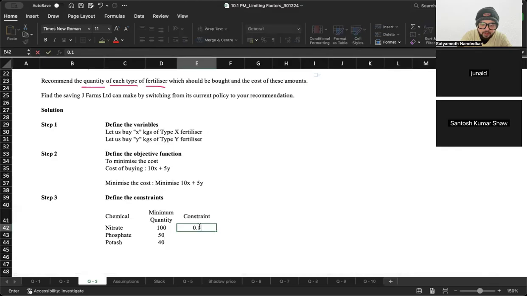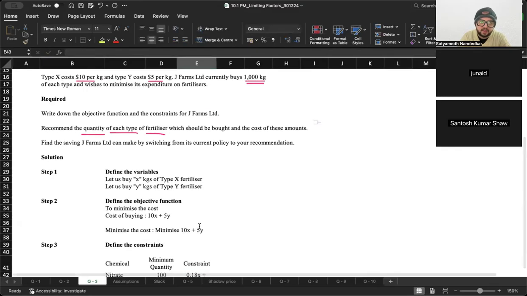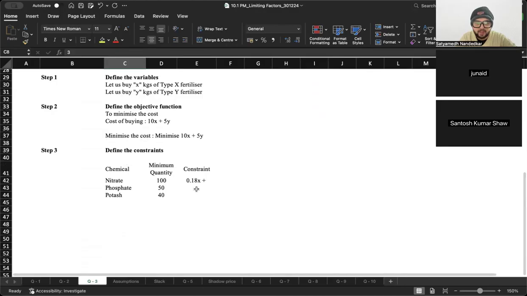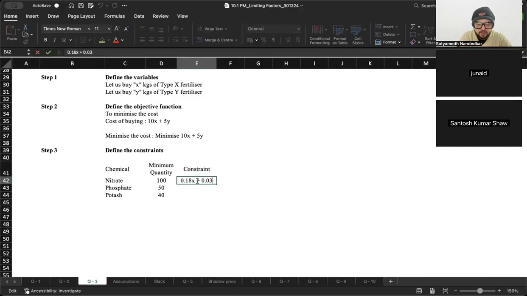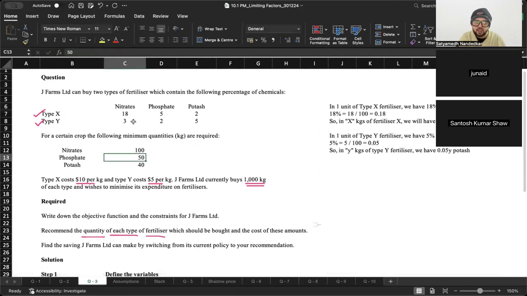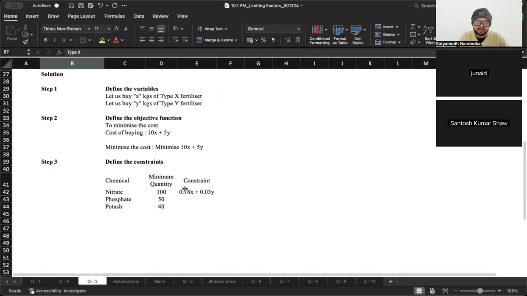So 0.18x plus टाइप Y का फर्टिलाइजर जो है उसमें there is 3% नाइट्रेट, that is 0.03y. ये हो जाएगा 0.03y. देन फॉस्फेट यू नीड 50 kg. टाइप X फर्टिलाइजर में 1 यूनिट में यू हैव 5%, तो X kgs में यू हैव 0.05x.